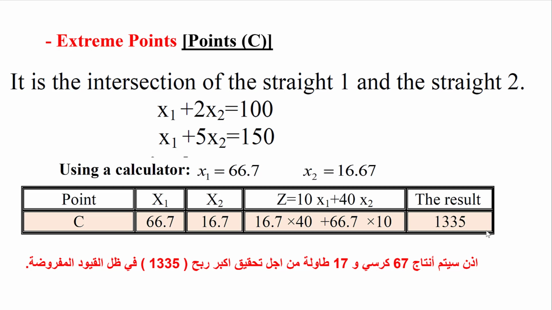So we can produce 67 chairs and 17 tables to achieve the profit of 1335 under the current constraints of production. This is for example 1.